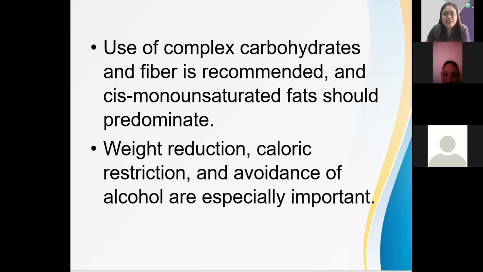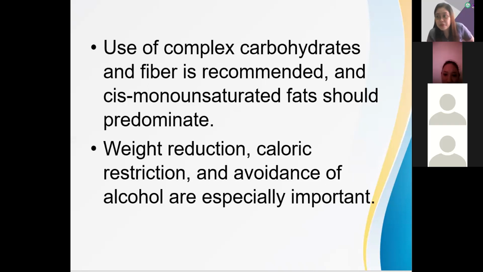Anyway, let us continue. Use of complex carbohydrates and fiber is recommended, and cis monounsaturated fats should predominate. So, for example, between white rice and black rice, more on complex carbohydrates ang black rice compared sa white.